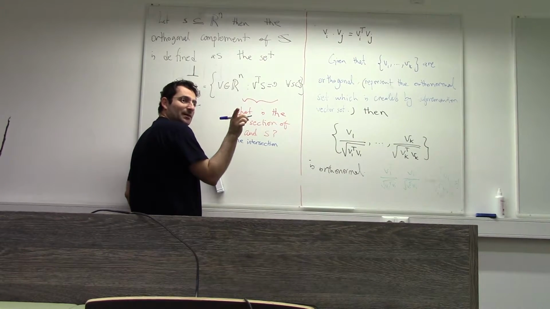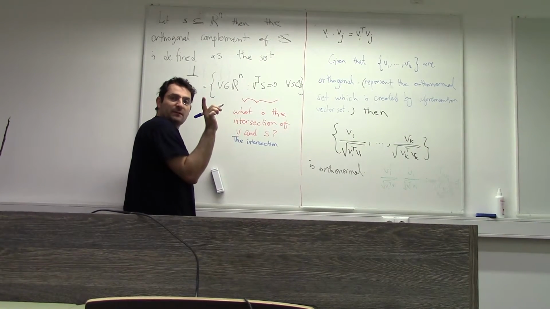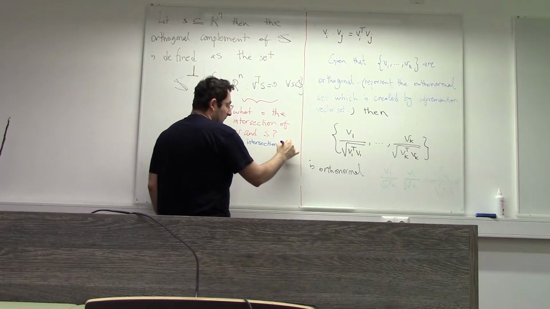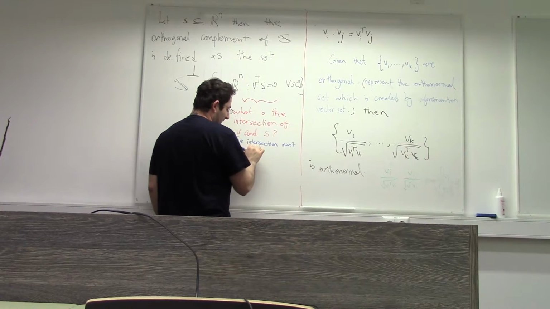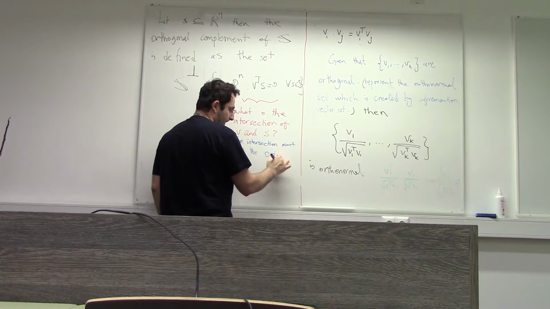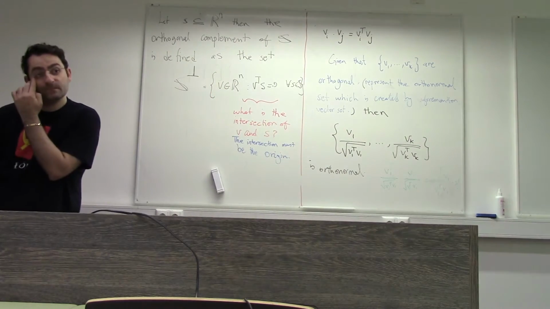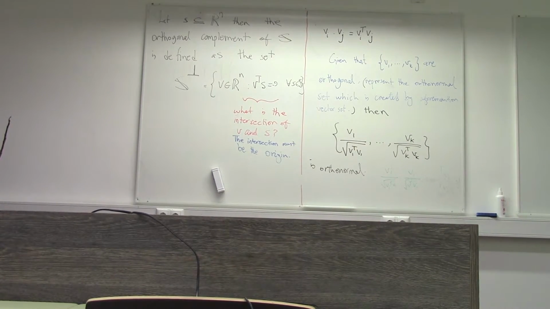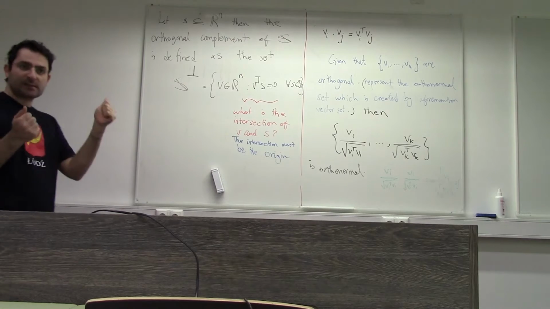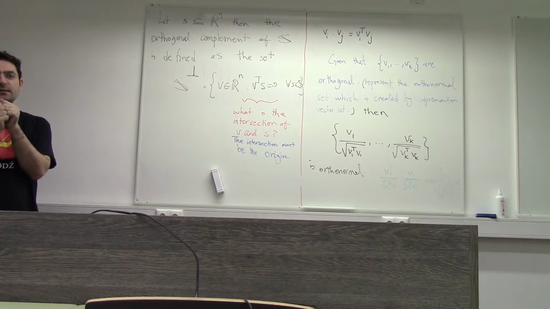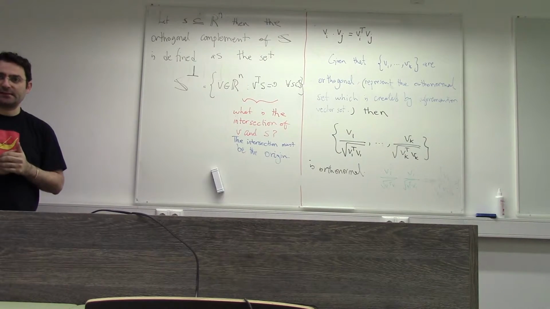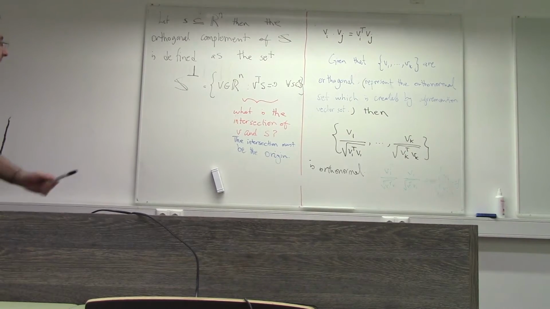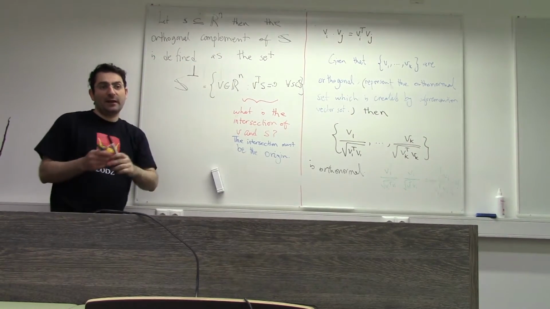What did you say? Nothing. I heard someone said something. I said the answer. The intersection must be the origin. So the intersection of V and S will be the origin, which is 0 multiplied by 0, transpose 0 multiplied by 0 is 0. Otherwise, they cannot be orthogonal complement.